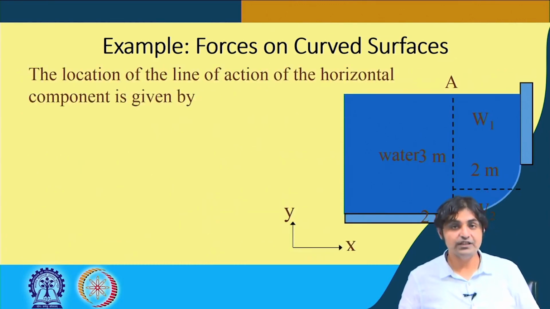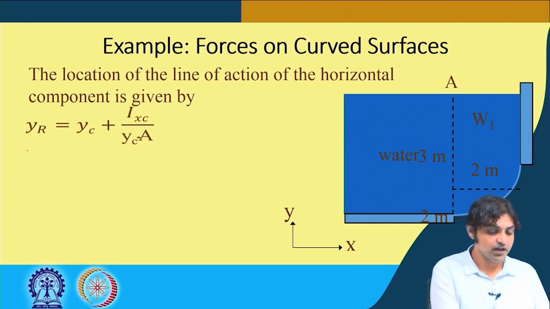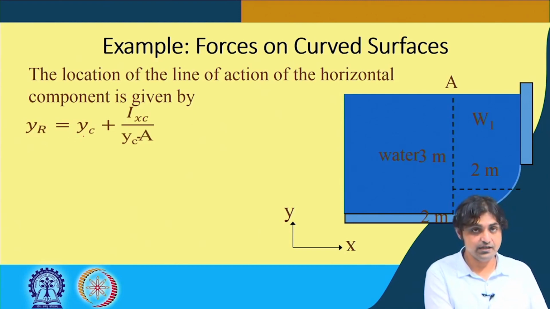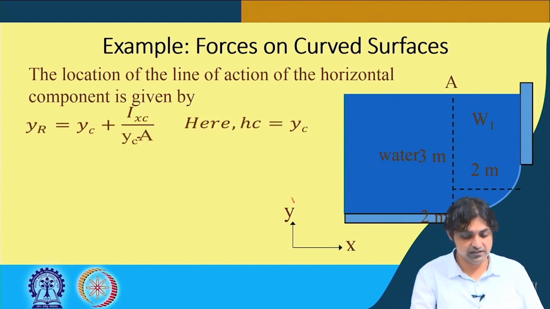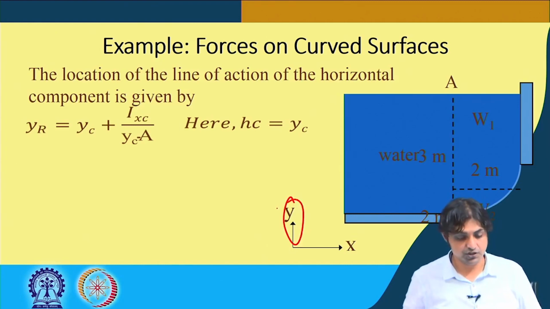The location of the line of action of the horizontal component is given by YR is equal to YC plus IXC by YC into A. This is what we have seen before. Here HC is equal to YC. The depth height of the centroid is also the Y, because we have assumed an axis in the vertical direction.